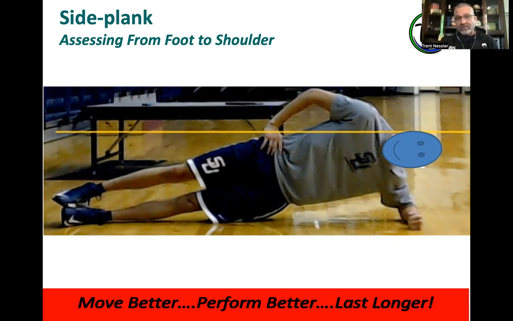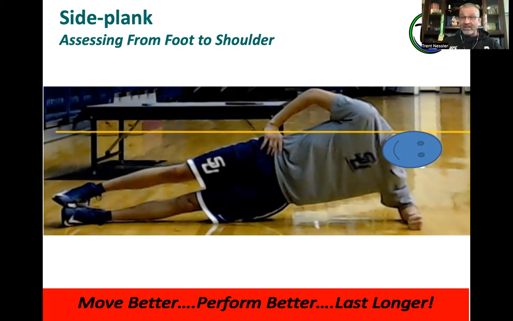Here's an individual doing a side plank. I'm going to start at the foot and the ankle. The first thing you see with this individual is what we call tibial drop. In a normal side plank, you should be able to stabilize your ankles so that you're holding your tibia off of the floor. In this individual, when you have that tibial drop position, your peroneals and your anterior tib are not as strong as they should be.